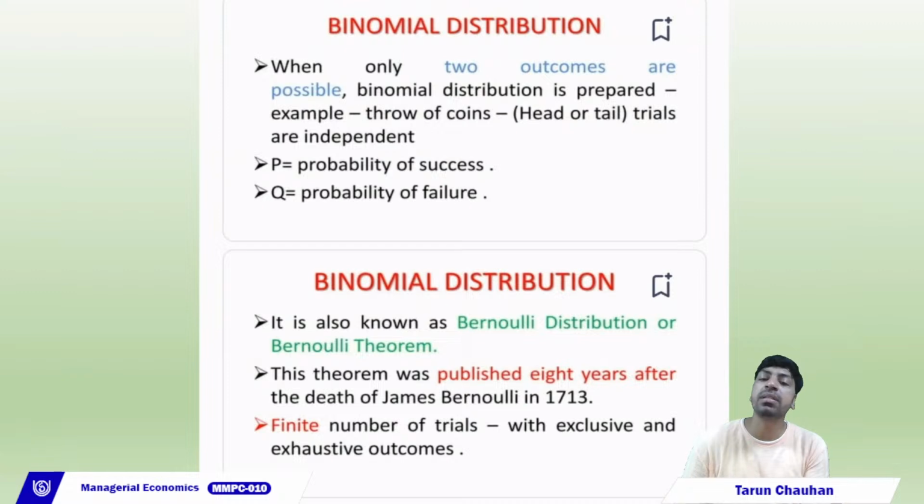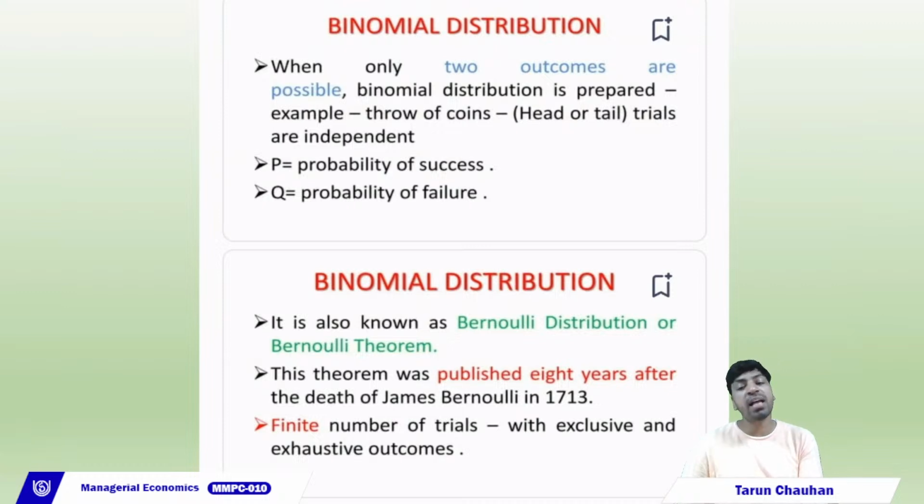Next is binomial distribution. As I already explained, it is also known as Bernoulli distribution and Bernoulli's theorem. This theorem was published 8 years after the death of James Bernoulli, in 1713.